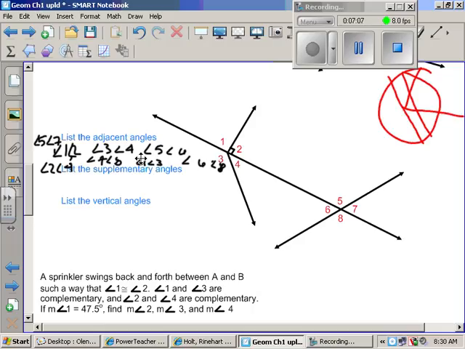Supplementary angles. Monica. 1 and 2. 3 and 4. 5 and 7. 6 and 8.